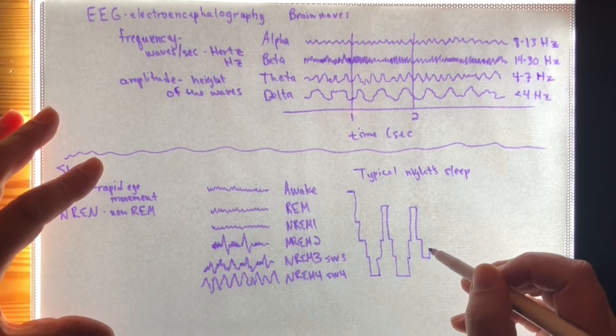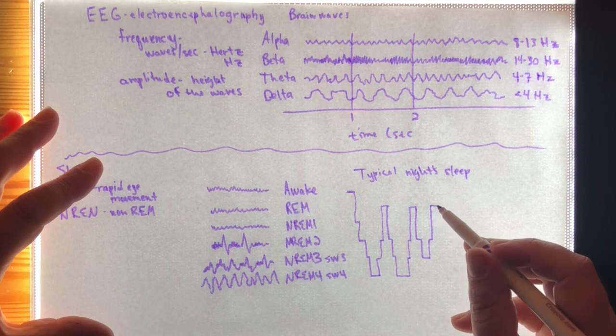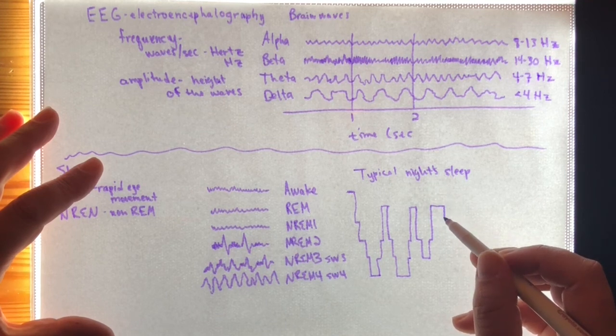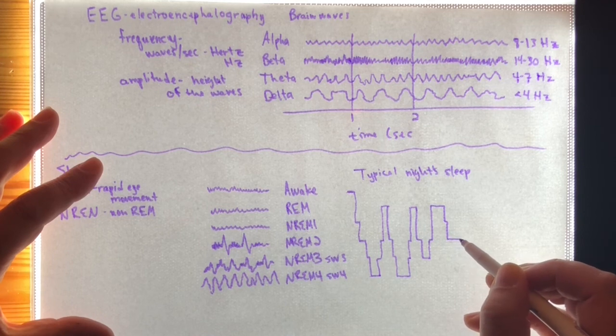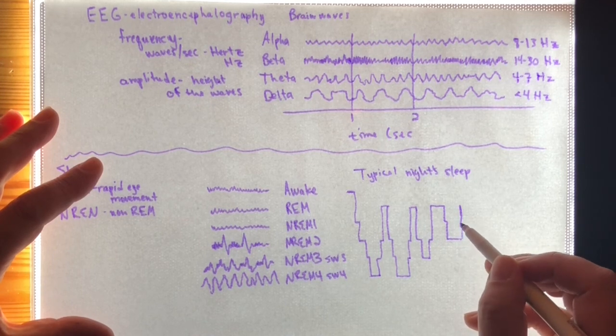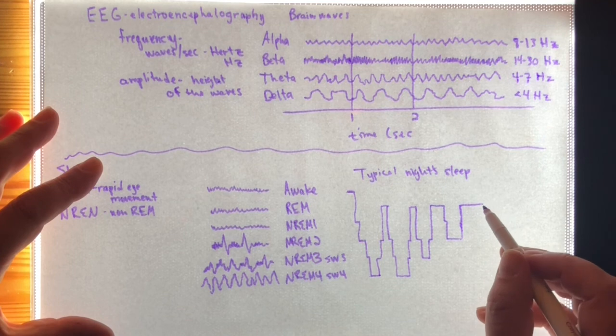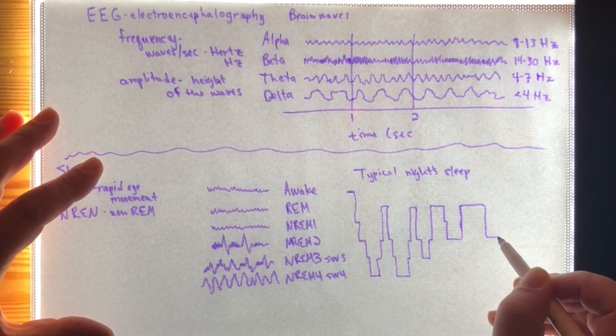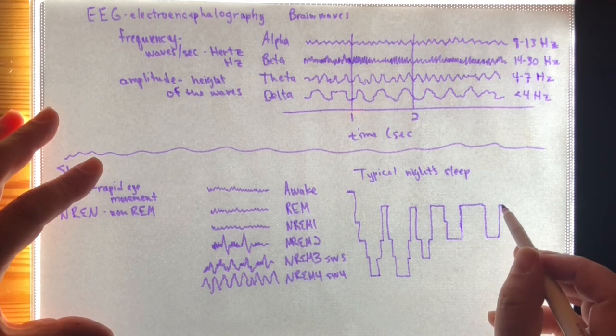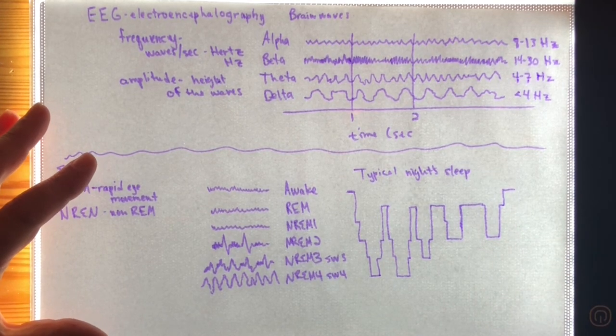So remember that REM is basically a level of sleep that's just short of wakefulness. You'll see that in the later stages of the night, your REM cycles will get longer. Your sleep will not be as deep. You no longer achieve slow wave 3 or 4 later in the night. You achieve much more REM, and then you eventually, of course, come back awake.